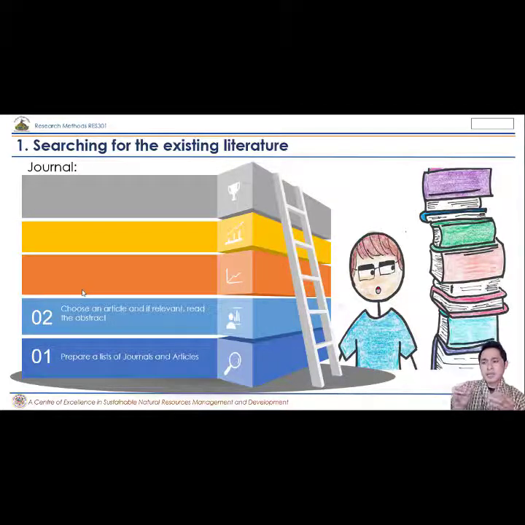Meaning, for example, if I'm doing my study on lichens, I've chosen only books which are related to lichens. But number two entails that those 12 to 13 journals which are only talking about lichens may not be exactly looking at lichen distribution in forest, lichen distribution in the Himalayan region.